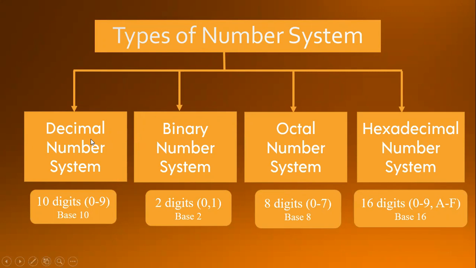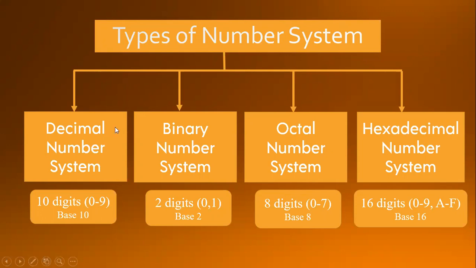Decimal represents 10 digits, from 0 to 9. When there are 10 digits, definitely its base is 10. The 10 numbers are 0, 1, 2, 3, 4, 5, 6, 7, 8, and 9. These are the total 10 digits.